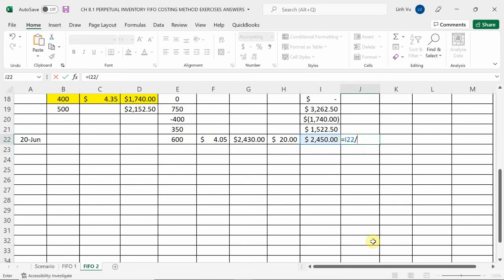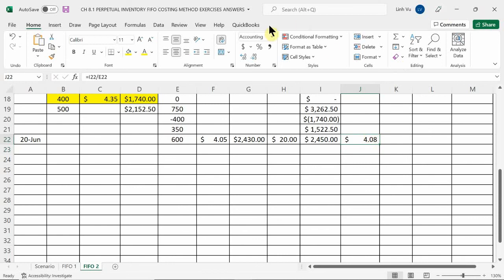So in this case, what is going to be my cost per item? $4.08.